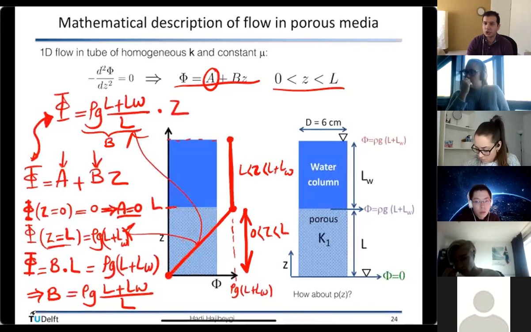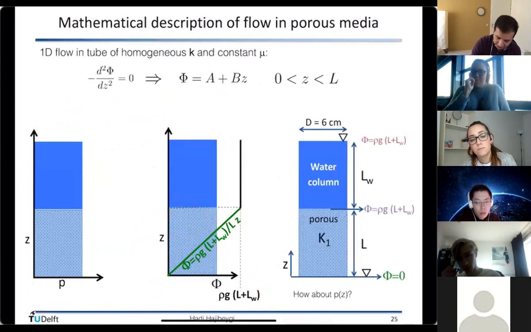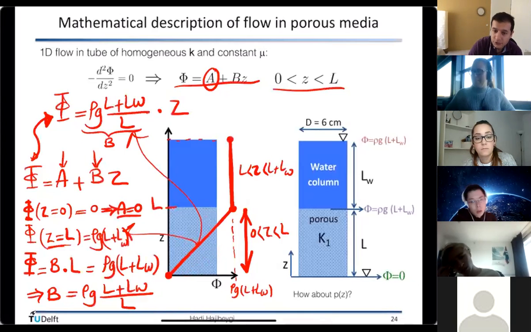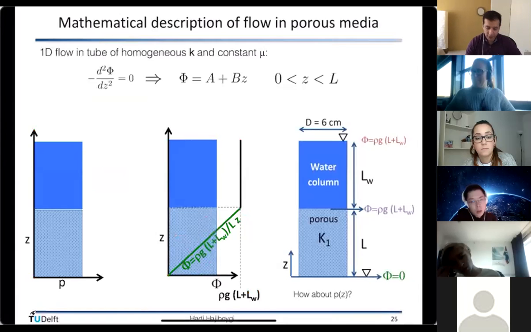How about pressure? How can I now plot pressure? This is the potential distribution, neatly presented here, and that's exactly the function that I wrote in the other slide. So that's the potential. How can I find pressure?